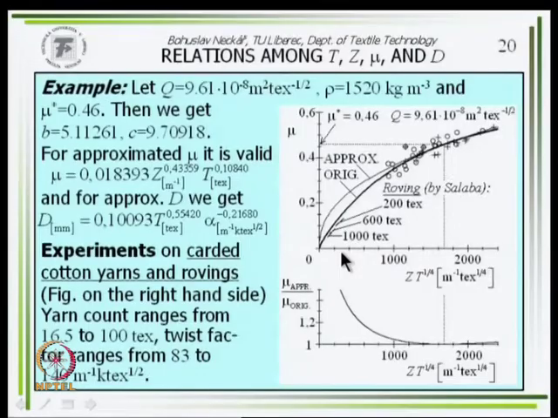The first graph shows the relation with the abscissa twist times yarn count to the power 1/4, a quarter, and the ordinate is packing density mu. Using Q, this value, we obtain the original curve as this thick line. This is the thick line. By the way, our approximation function is this thin line.